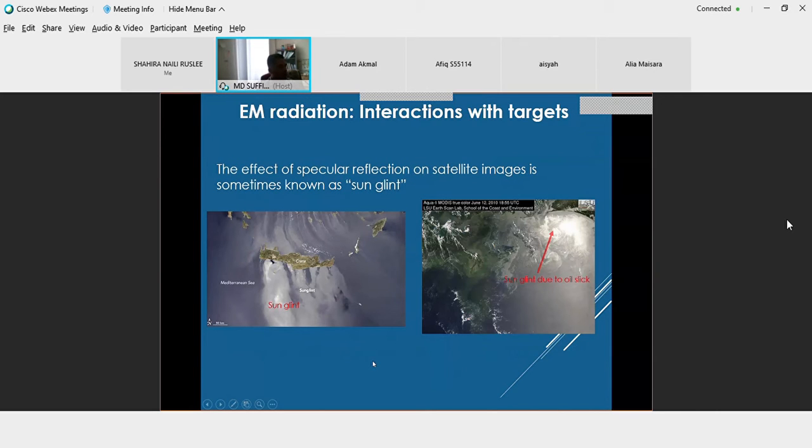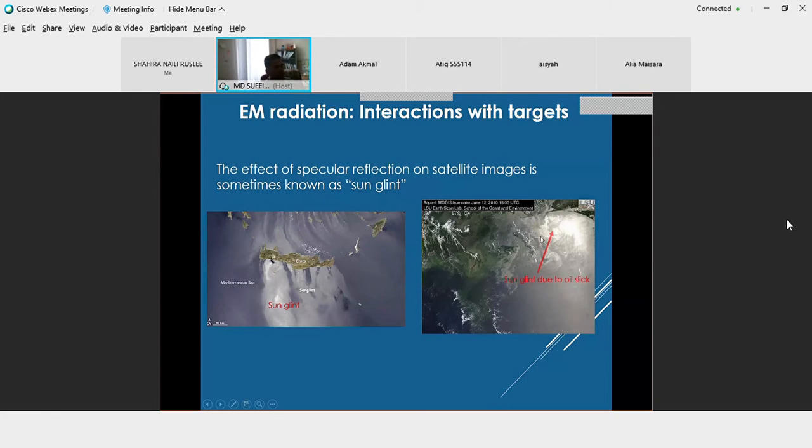Okay, this one example, kita tengok pada sun glint. So you nampak kat sini dia tak bagi banyak information pun. Dia bagi color white bukan. Sebab apa? Sebab dia reflect all radiation. As compared to the rough sea surface, it will give different information about the sea surface lah.